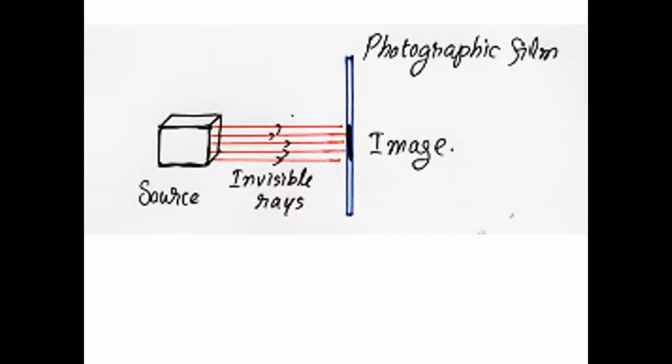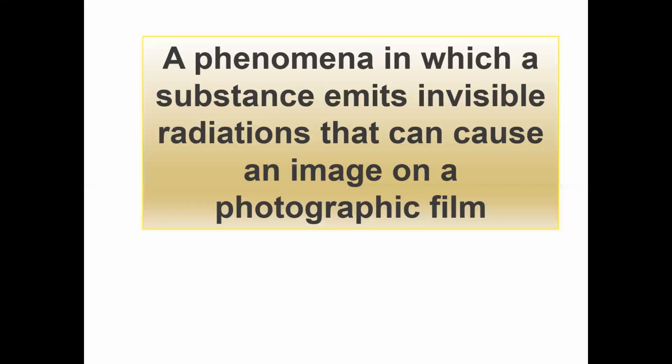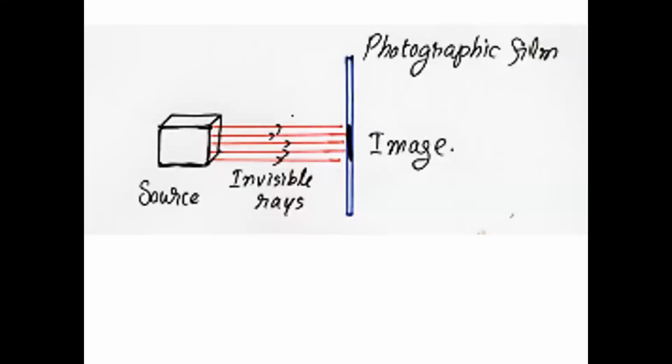Imaging is like that. When you take a picture through a mobile phone camera or any camera, you actually get an image on a digital medium. Similarly, when you walk in sunlight, you get an image on the ground. This is called shadow. So radioactivity was a natural phenomenon.